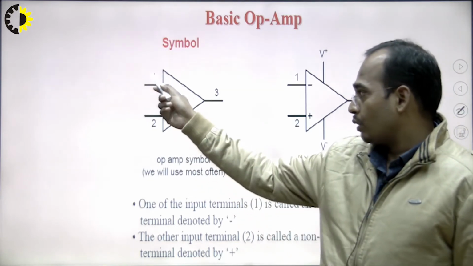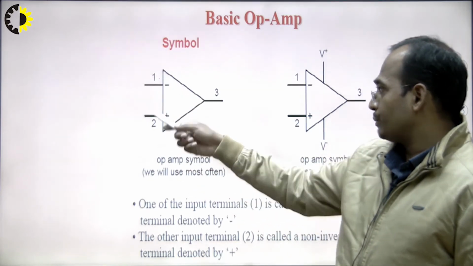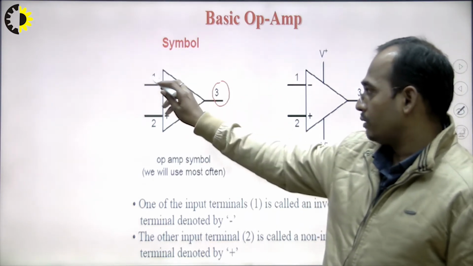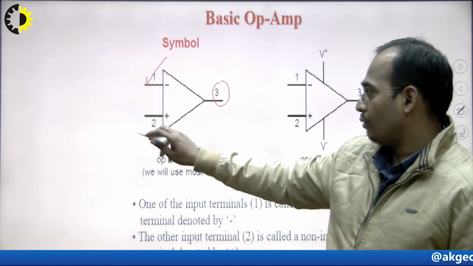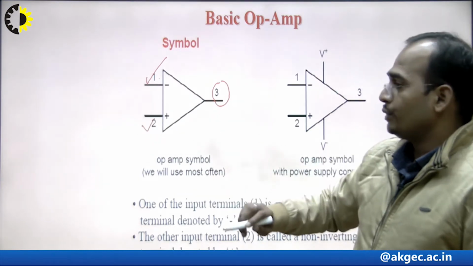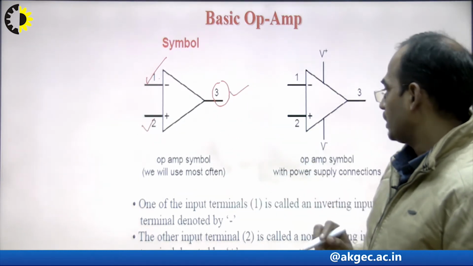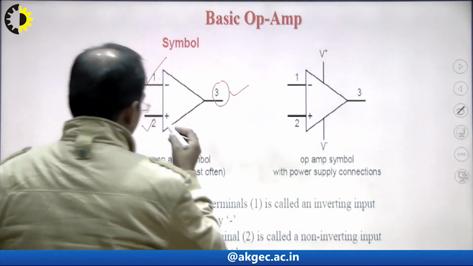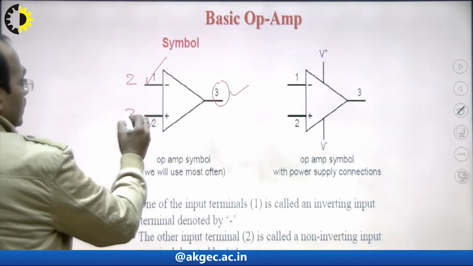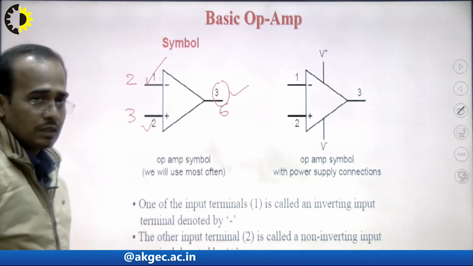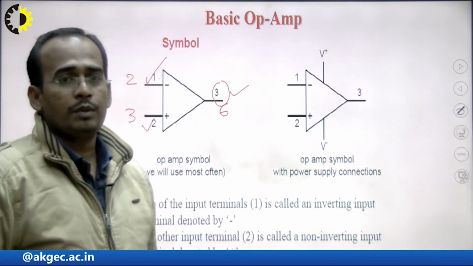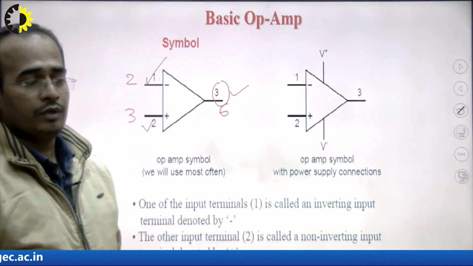In the symbol, terminals 2 and 3 are the inputs and the output is taken from terminal 6. For the operational amplifier IC, this is pin number 2 and this is pin number 3, and we are taking the output from pin number 6. Pin number 2 is the inverting terminal and pin number 3 is the non-inverting terminal.